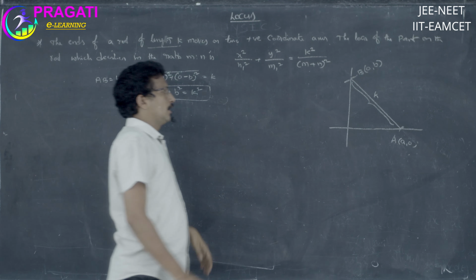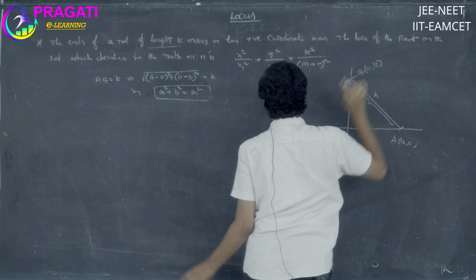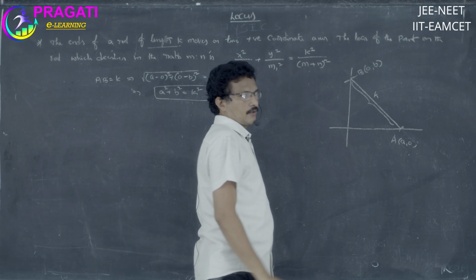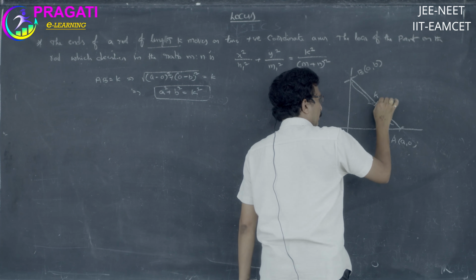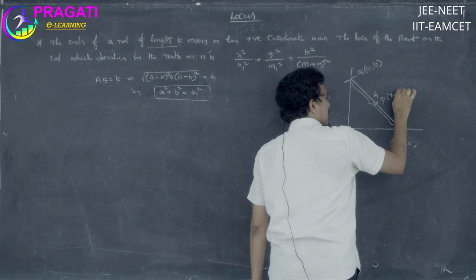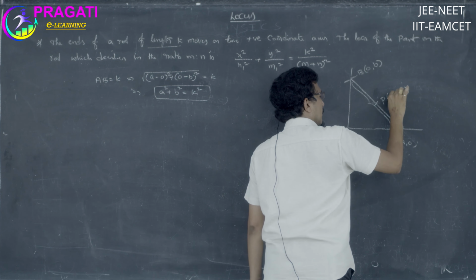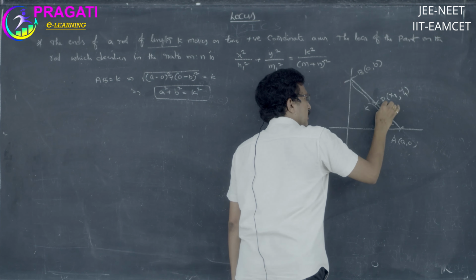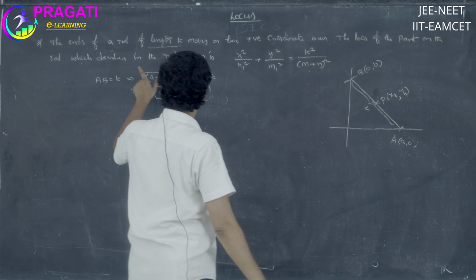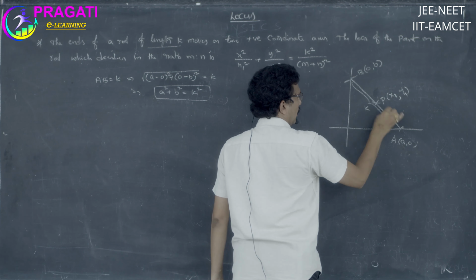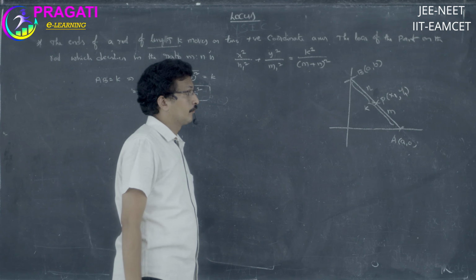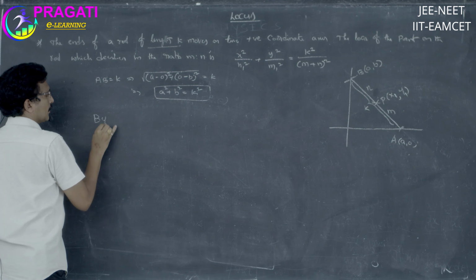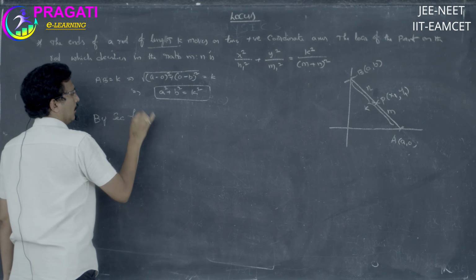Right, next. The locus of the point on the rod, here it is the rod. There are so many points on this line. Suppose one of the points is P. Locus is (x, y), or sometimes (x1, y1). Here the point on the line is P (x1, y1), which divides in the ratio m is to n. So by using the section formula, you know the section formula?